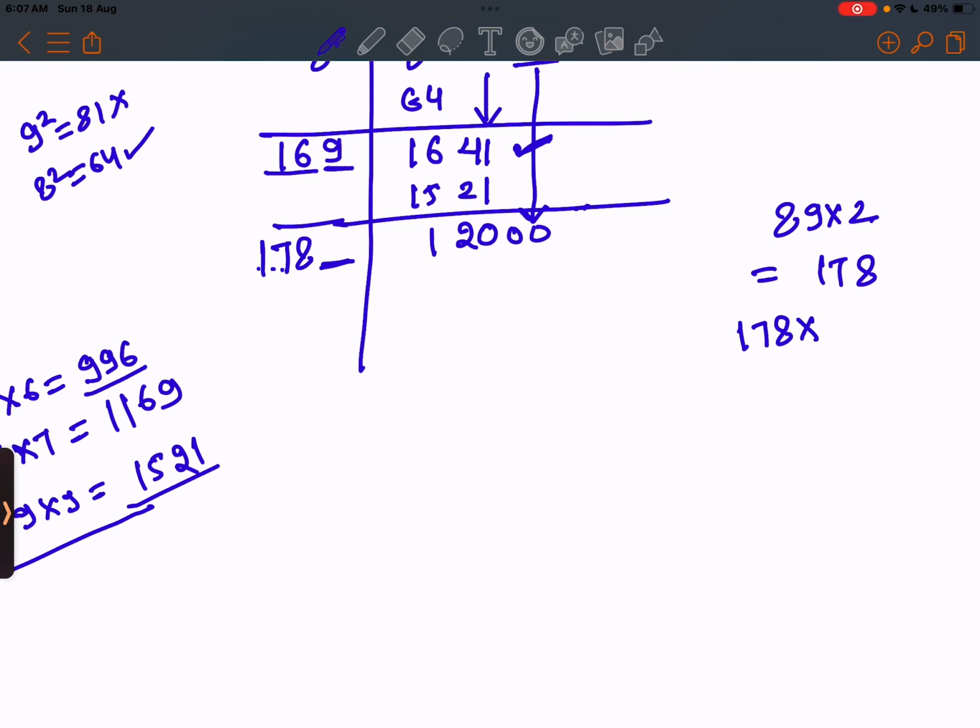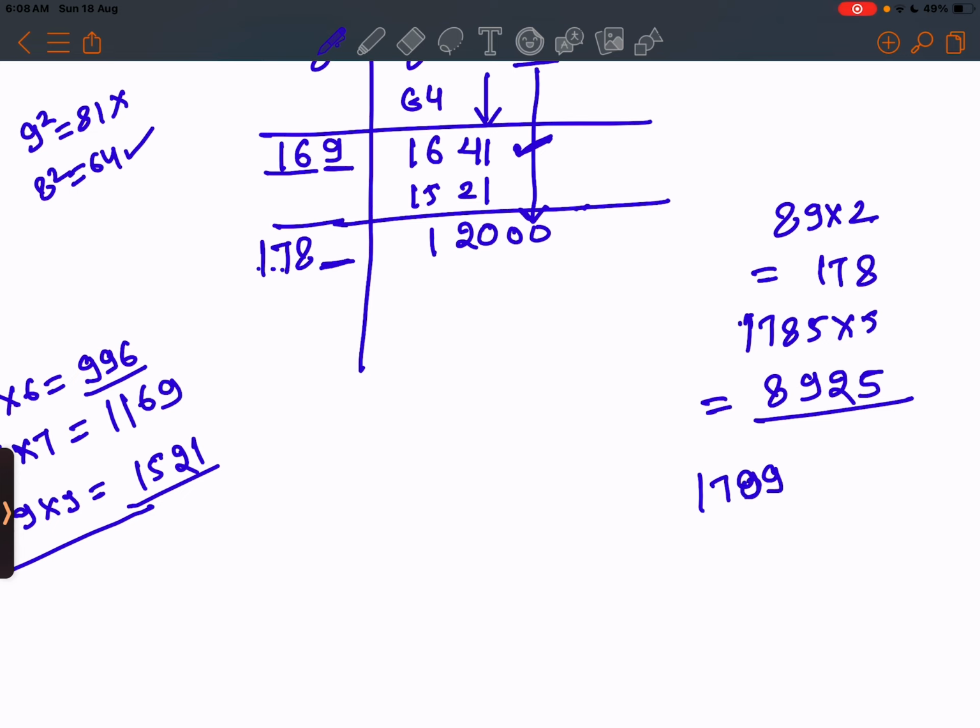Just consider the number and start from 1785. 1785 into 5 would be what? 5 fives are 25, carry 2, 5 eights are 40, 5 sevens are 35 plus 4 is 39, 5 ones are 5, giving 8925. So it is a bit smaller.